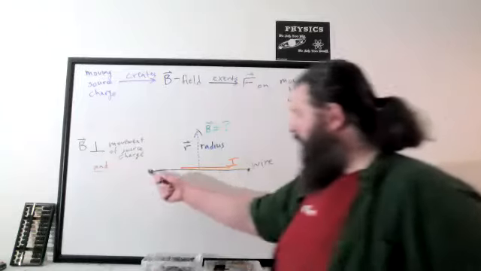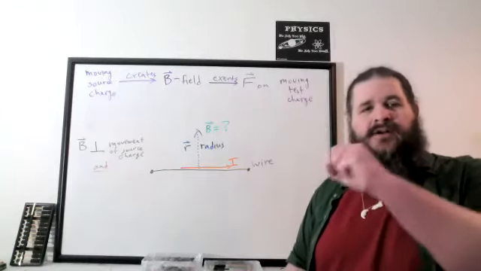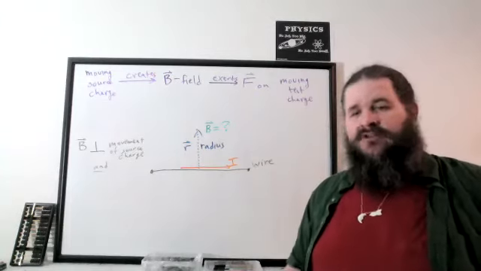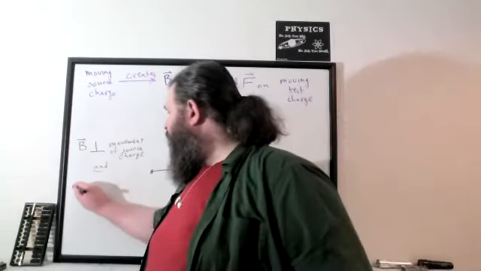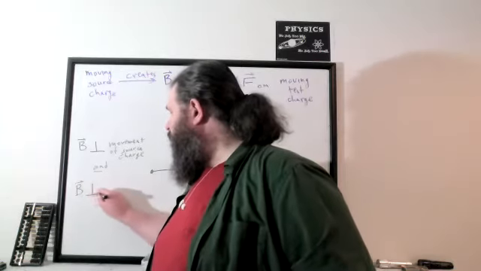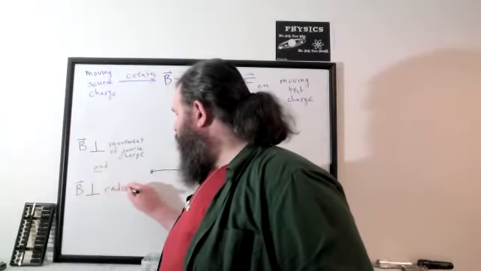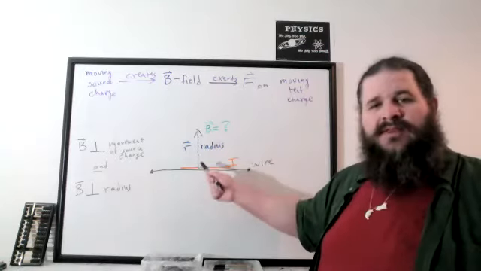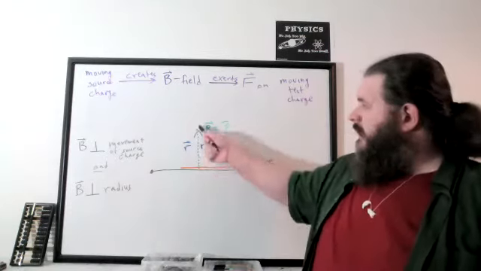In this case, that's the current in the wire. Or if you've got a charged object that's moving, the magnetic field would be perpendicular to the velocity of that charged object. And the magnetic field is always perpendicular to the radius vector, the displacement between the source current and the point of interest.